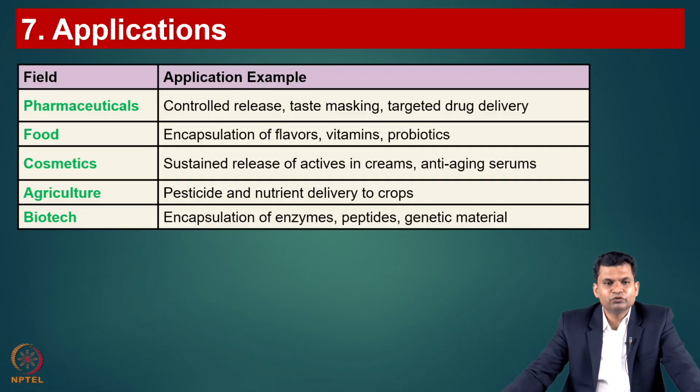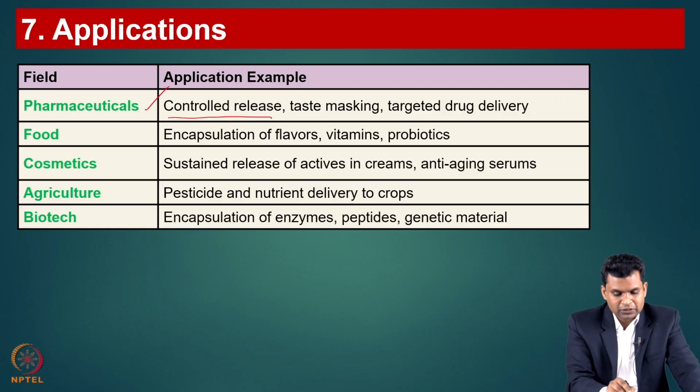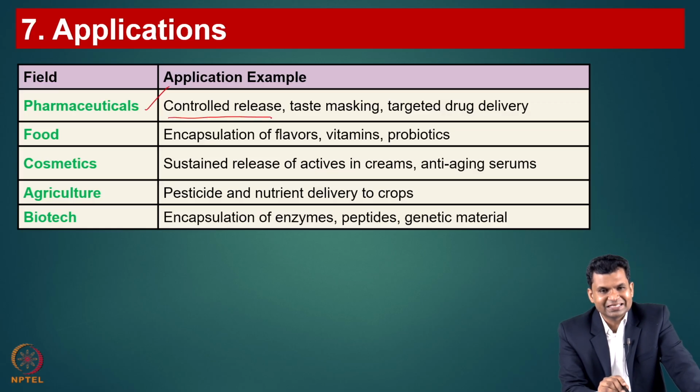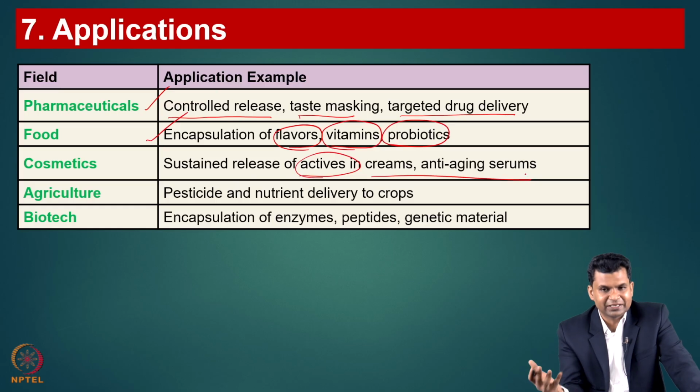And these are a few applications. In the pharmaceutical industry, we can use the microencapsulation technique for controlled release, taste masking and also for targeted drug delivery. In food, we can use it for various flavors, vitamins, probiotics and other food materials. In cosmetics, we can take various actives in the creams and convert them into microcapsules that will sustain the release.